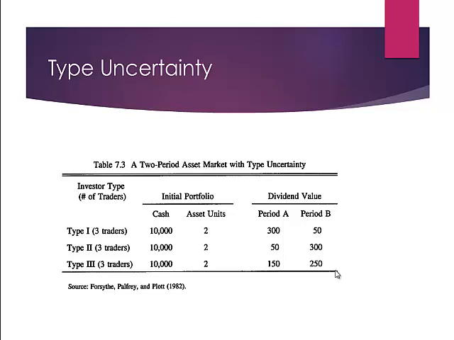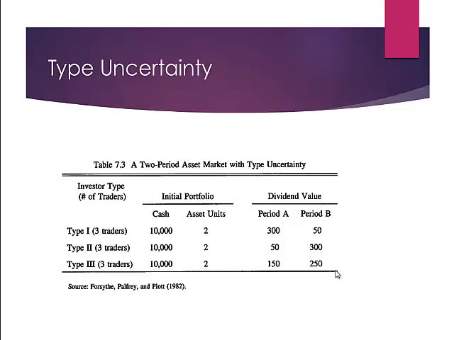That will be the value. So for dividend value, type 1 has 300 in period A and in the second period has 50, and similarly type 2 has 50 and 300 in the first and second period, and type 3 has 150 and 250.